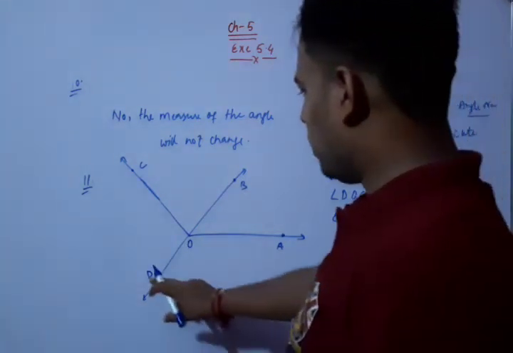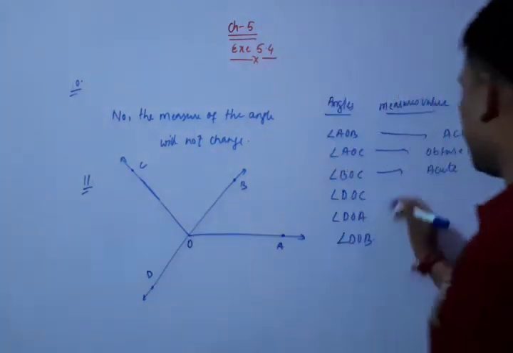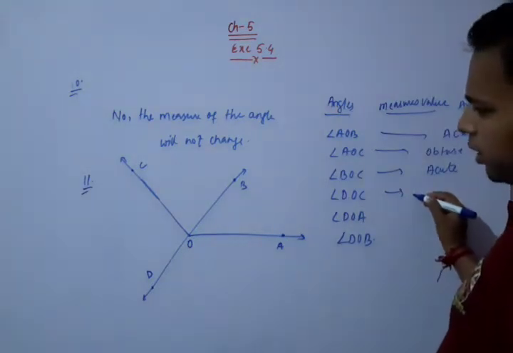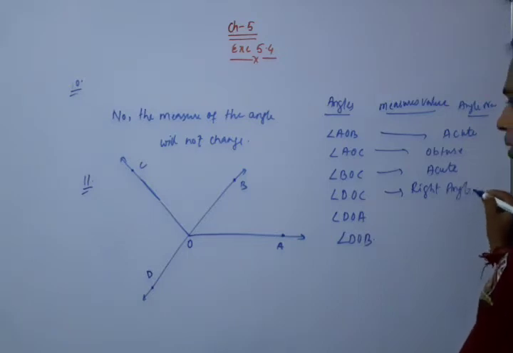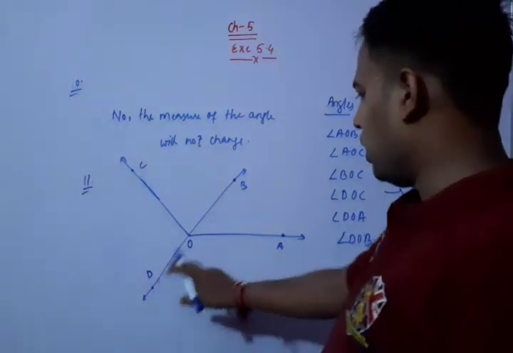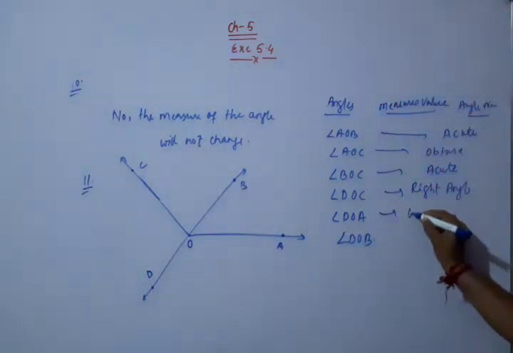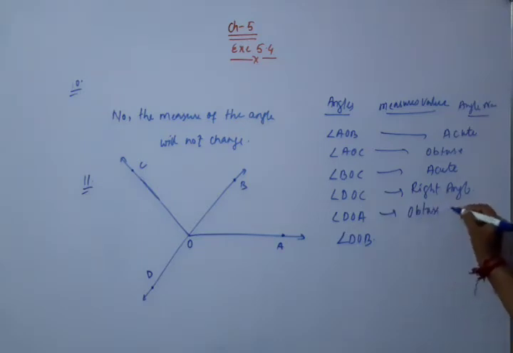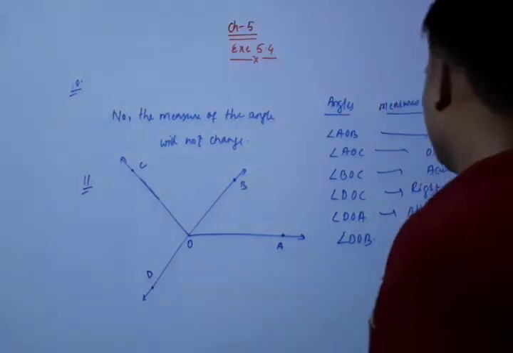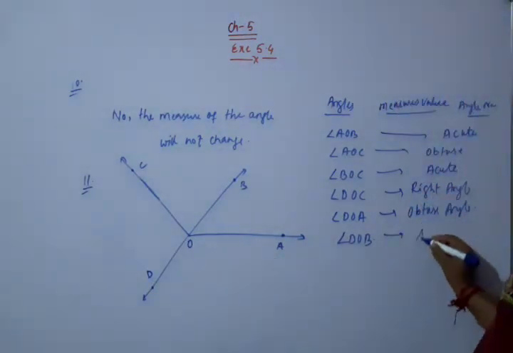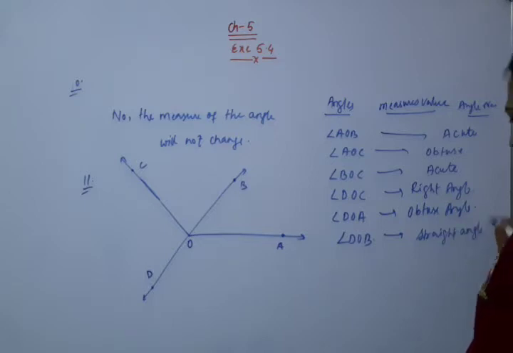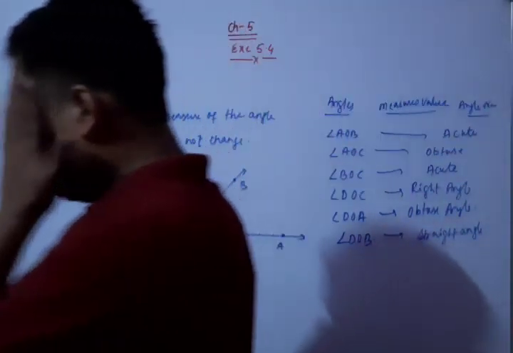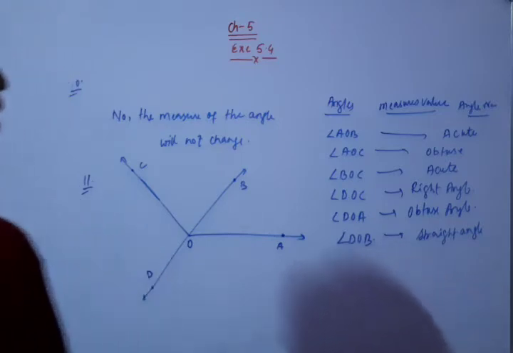DOC may be acute or right angle; let us say it will be a right angle. DOA will be an obtuse angle. And DOB will be a straight angle. So we have completed exercise 5.4.